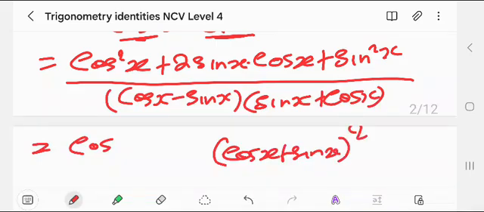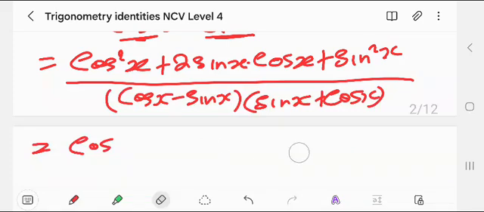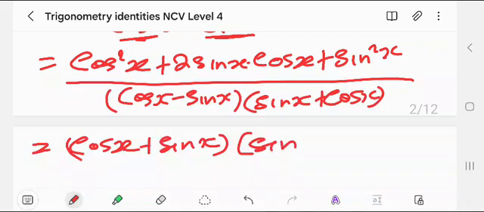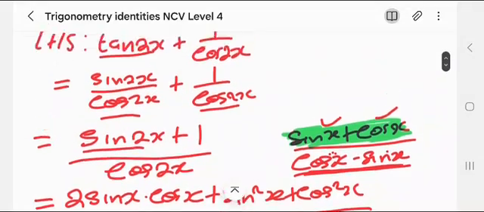This is what we have actually on top. So this is simply equal to the factorization, sine x plus cos x. So we're on the right track.